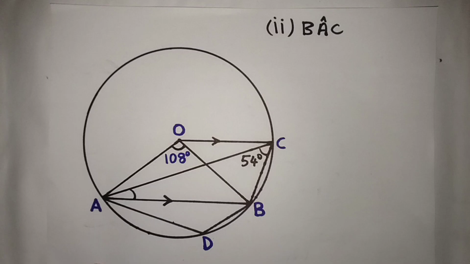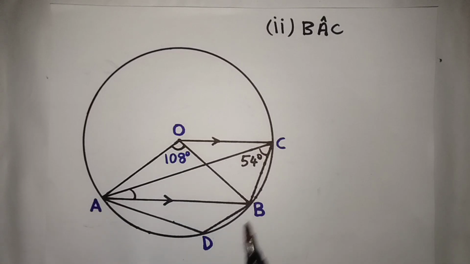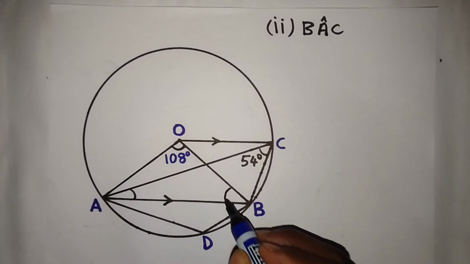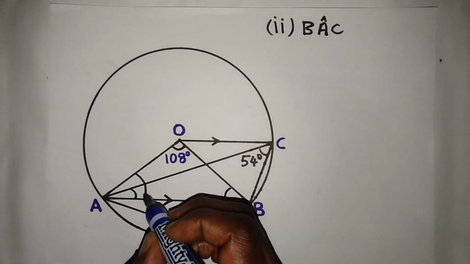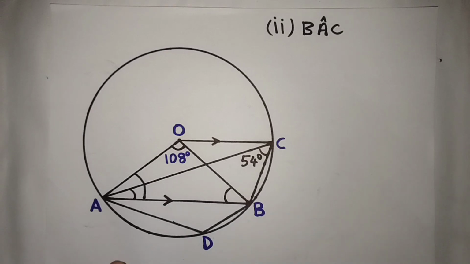If we look closely on our diagram, OA and OB are radii. So triangle AOB is an isosceles triangle, hence the base angles, this one and this one here, are equal in size.